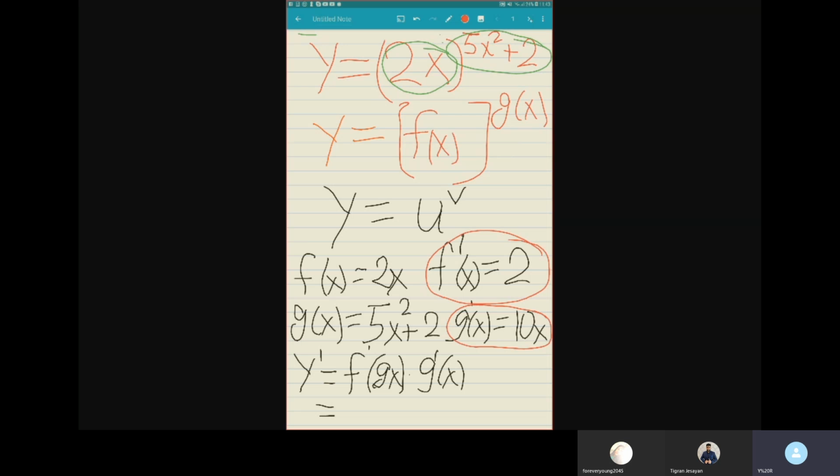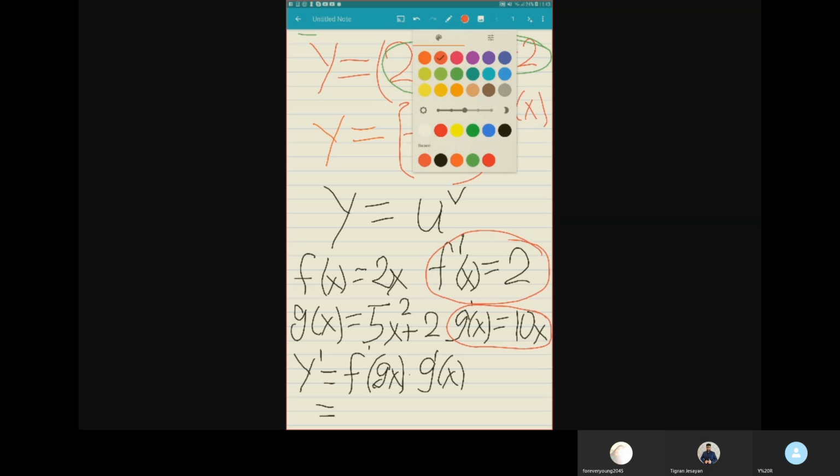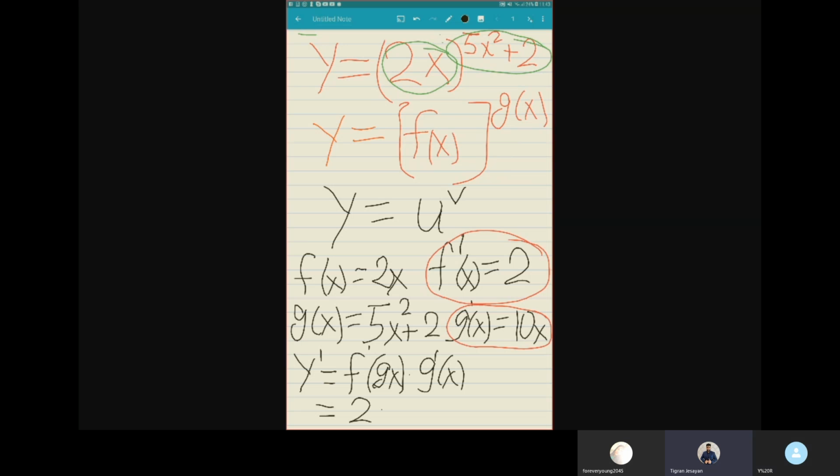In this case there is no x basically, so it is 2. That's 2 times 10x, you are right, and then you get 20x. And that's the answer to this question. So that is how you solve it. Not difficult at all.